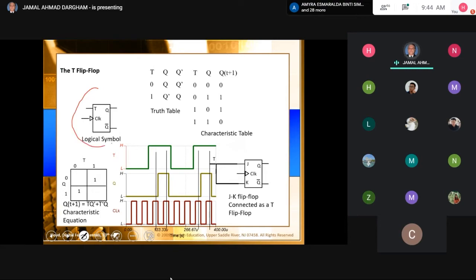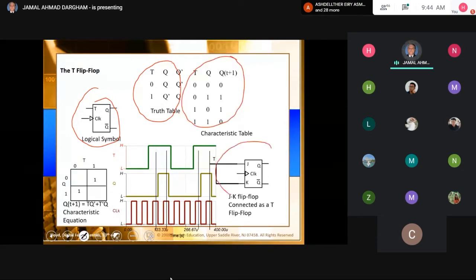The symbol for it is like this. This is the truth table, the characteristic table. You can make it out of JK flip-flop, and this is the K-map, and you can see you have two ones here and one here. You cannot combine them. So this is the characteristic equation, and this is the timing diagram.